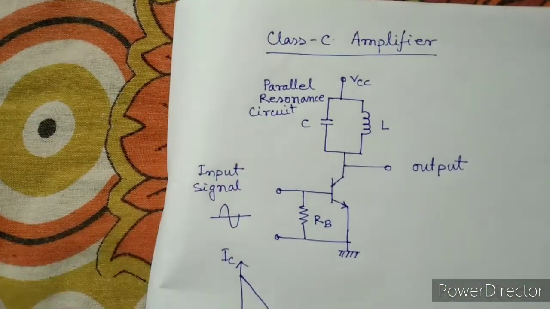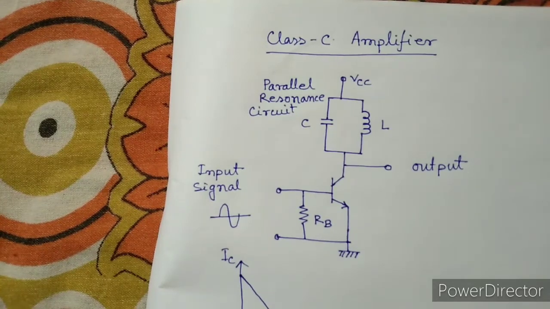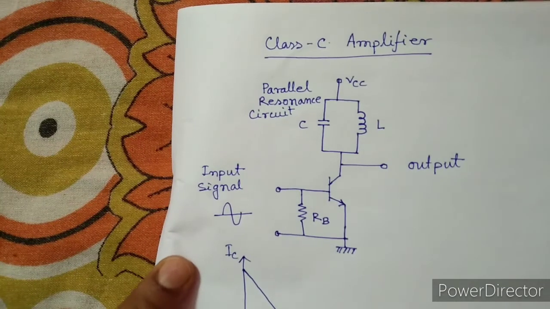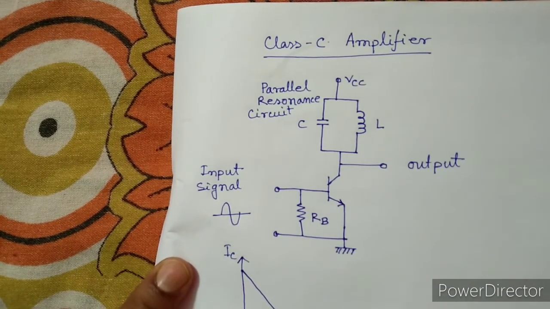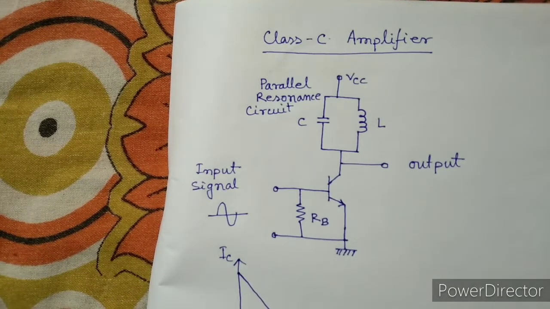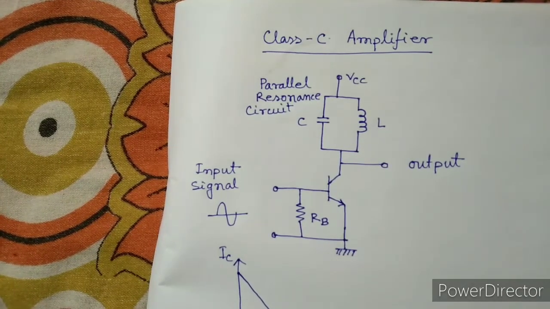Now, class A, class B, and class AB are all linear amplifiers, where the output changes linearly according to the input signal. Now, we are going to discuss the class C power amplifier, which is a non-linear amplifier, and the efficiency of a class C amplifier is very high, about 99%.